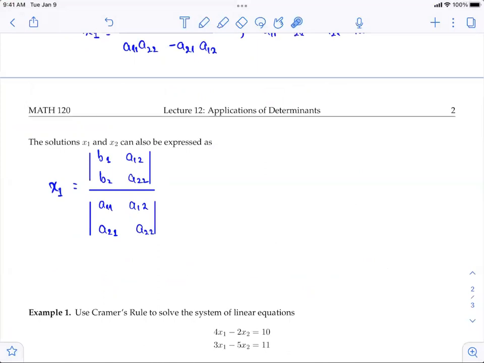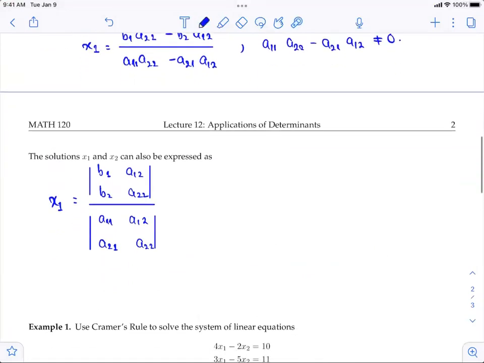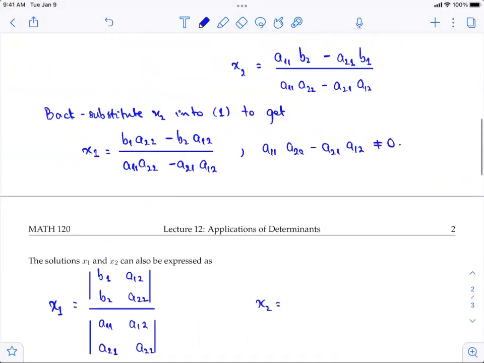All right, similarly for the case of x2, the numerator is equal to the determinant of the form A11, B1, A21, B2.